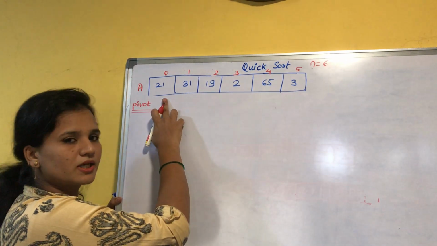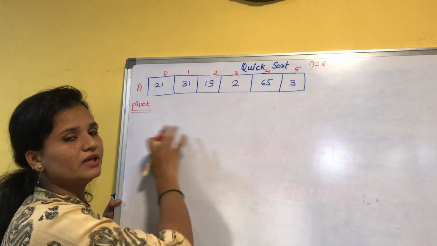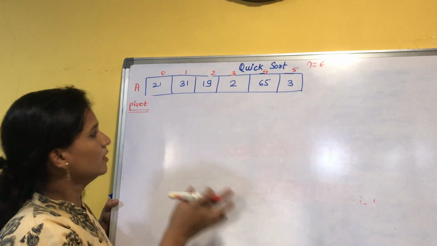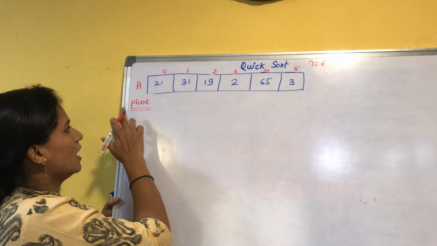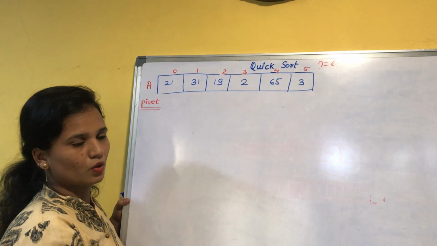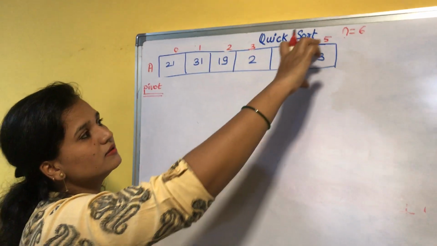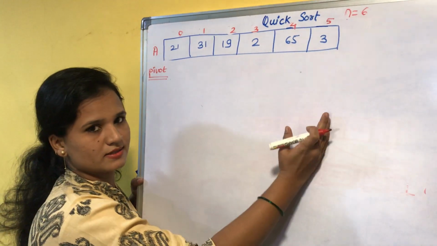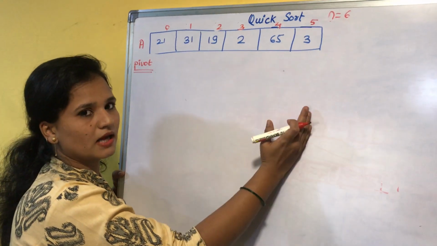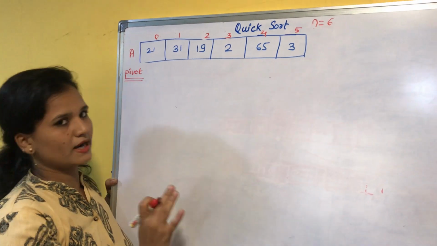It can be the first element, the last element, the middle element, or any element chosen randomly. Then around that pivot element we are going to sort this array. Firstly, around this pivot element we divide the array into sub arrays, and those sub arrays are called partitions, and that procedure is called partitioning.